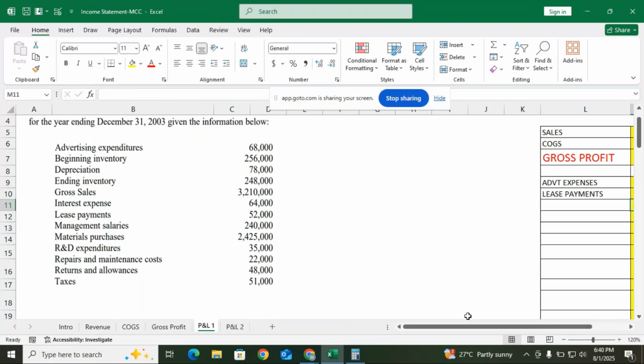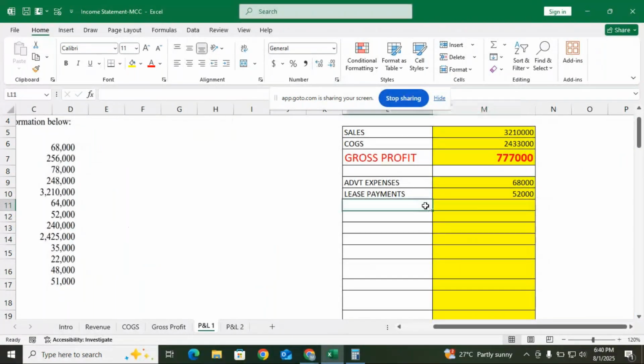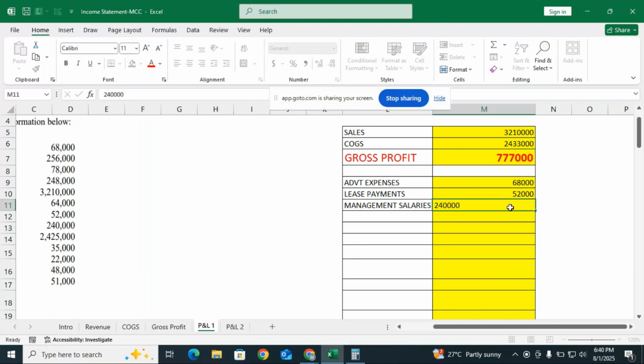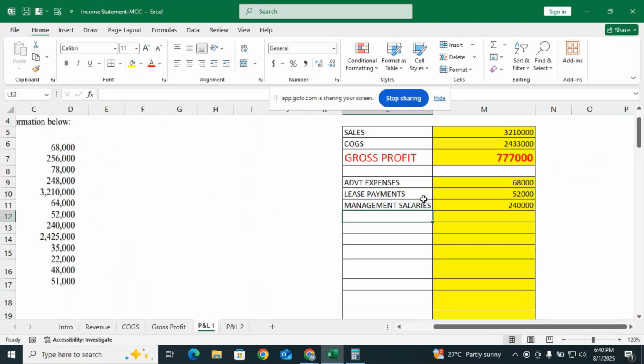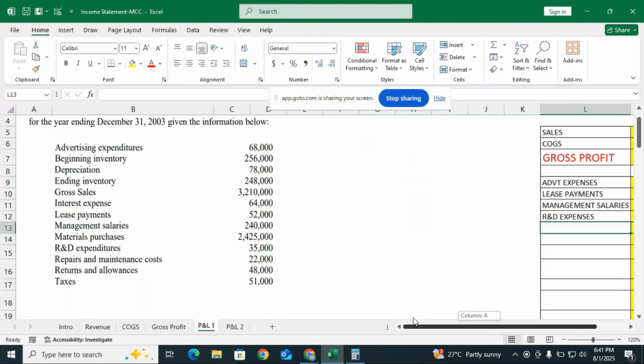Management salaries 2,40,000. R&D 35,000. Repairs and maintenance 22,000.